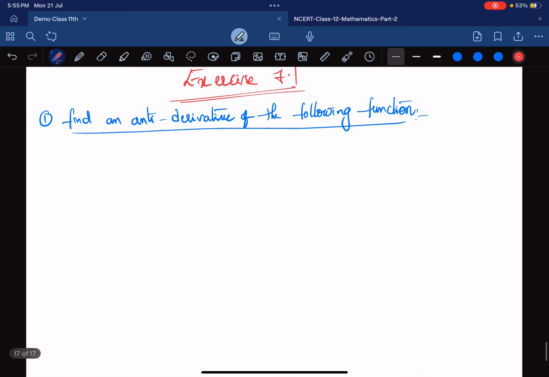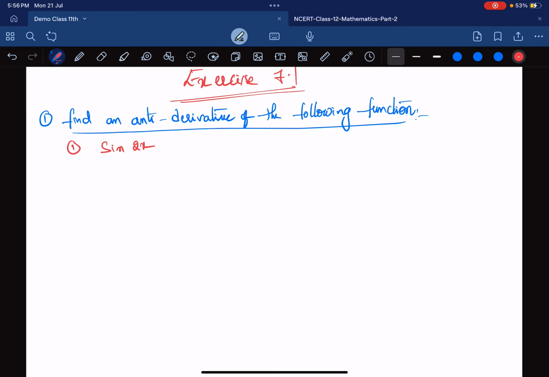First one is sin 2x. The sin 2x function is given. Antiderivative means to find the original function.